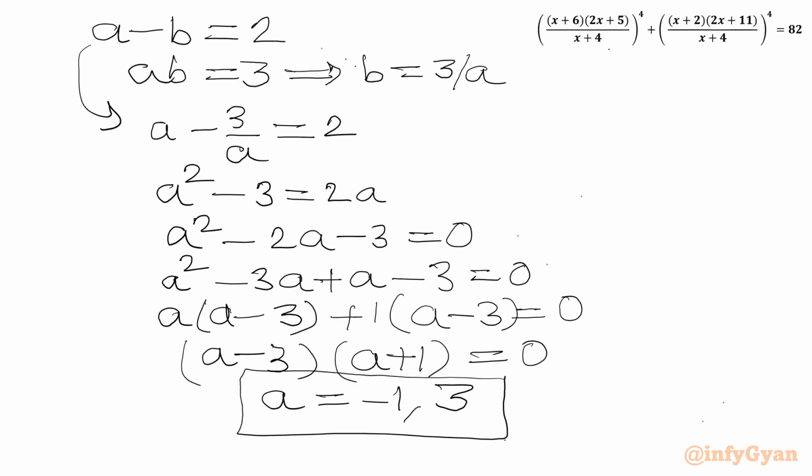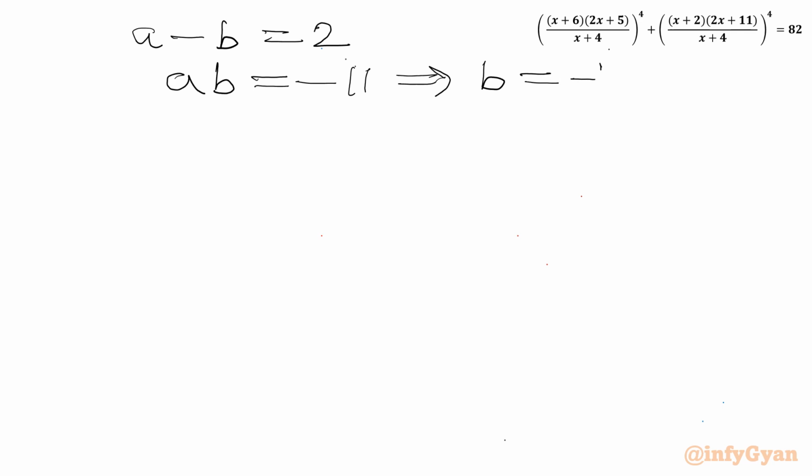Now let's solve second system first, then we will take up all the A values simultaneously. So second system was A minus B equal to 2 with AB equal to negative 11. So from here I can write value of B will be negative 11 over A, and then I will substitute here.